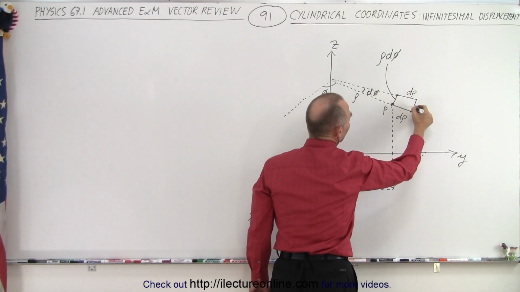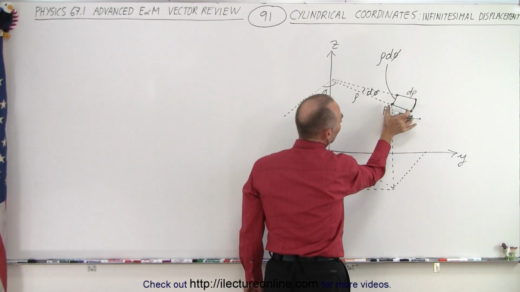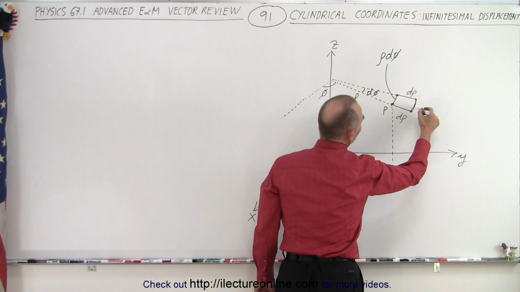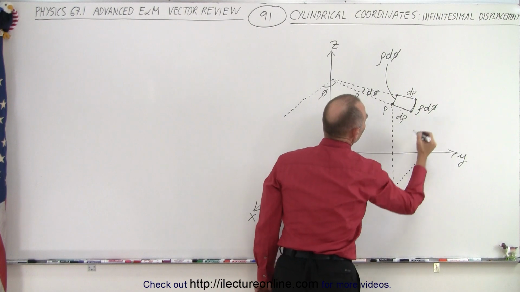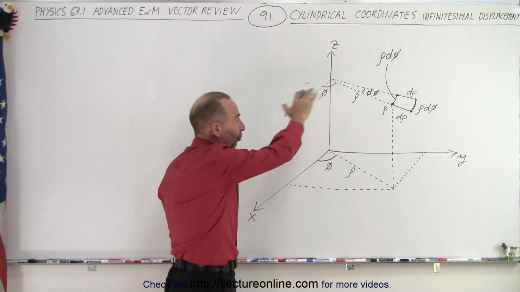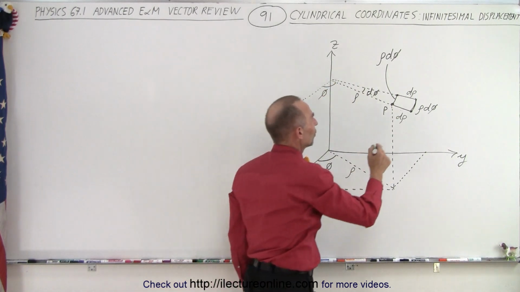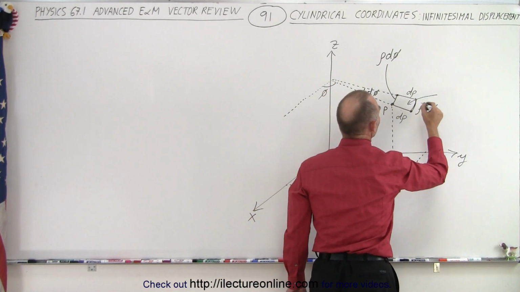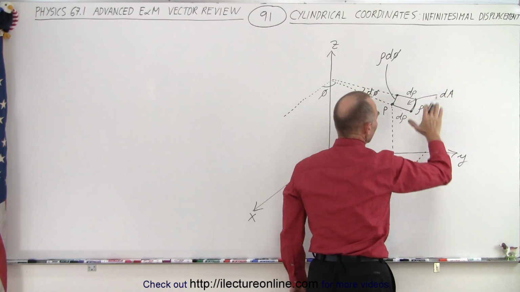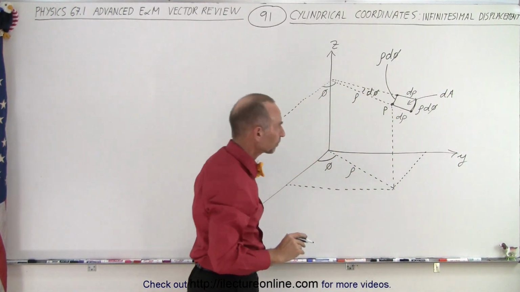Then if we connect that right there, since d rho is such a small distance, this can also be called rho d phi. And so you can see that this now becomes an area element that can swing around the z-axis. That is one form of an area. We call that dA, which is now parallel to the xy plane.